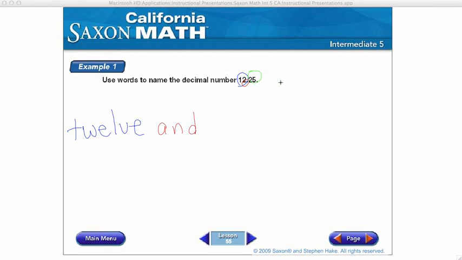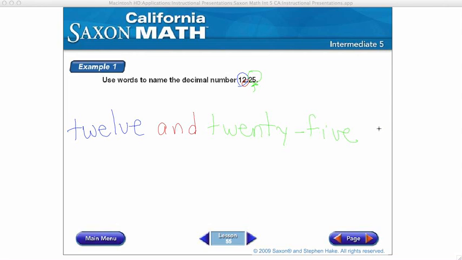So this is actually in two parts. The first part is to write the number, 25. But I can't just leave it at that. 25 what? So I look at the place that this last number, the 5, is in.